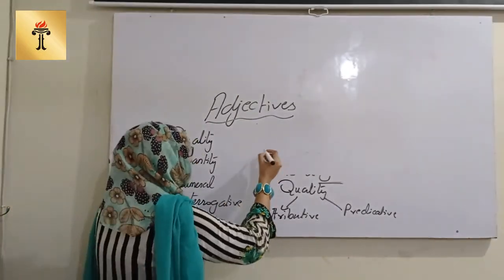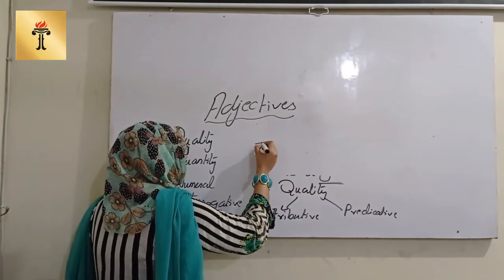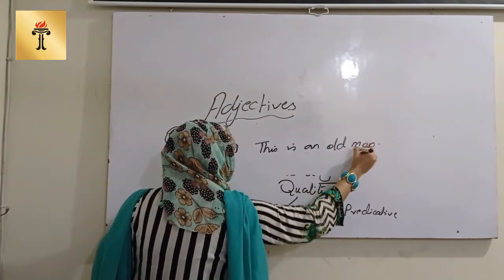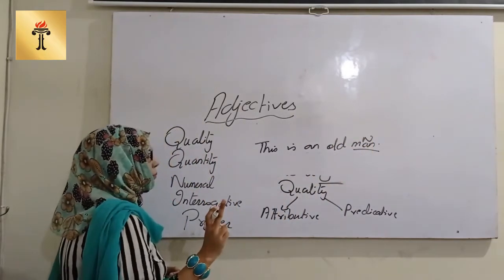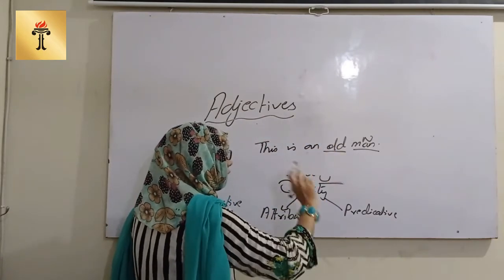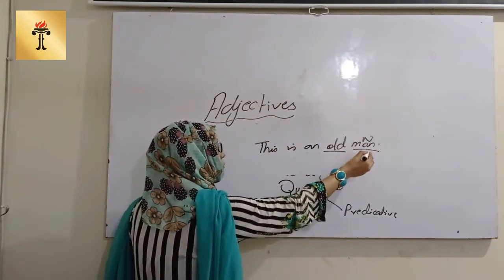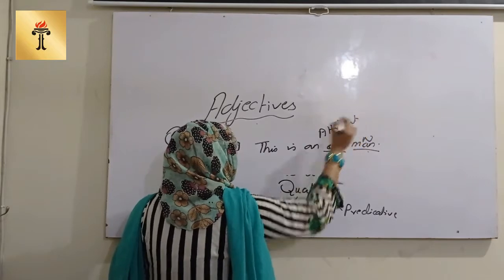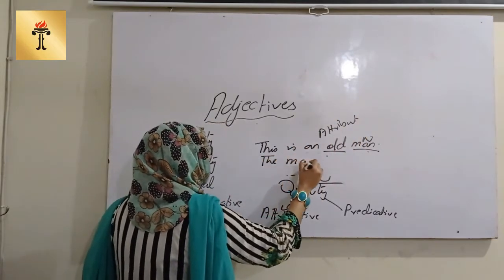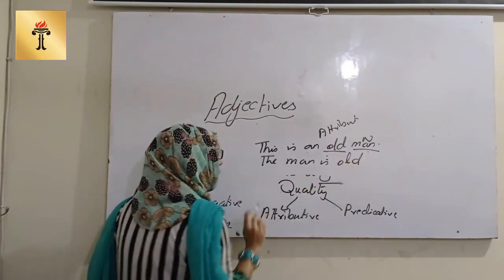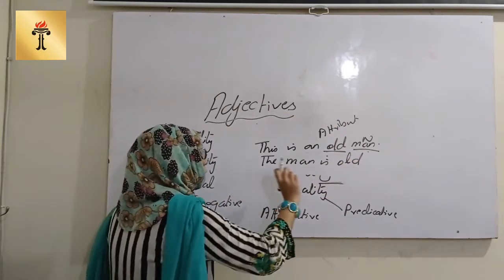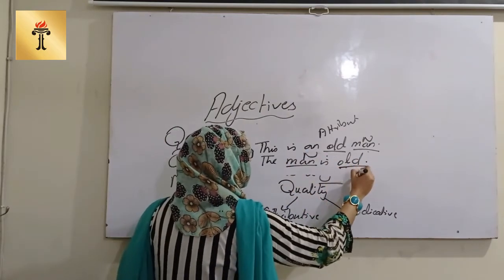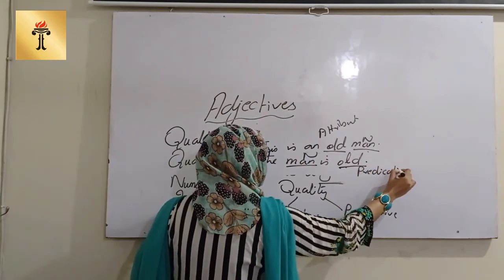If I write "this is an old man," man is a noun, and when a quality or quantity is placed before the noun, it is said to be attributive. "The man is old": when the quality or quantity is placed after the noun, at the place of the object, it is said to be a predicative adjective.